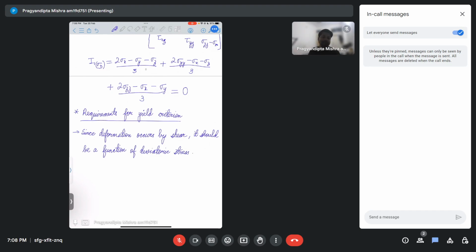Something that you can keep in mind. It should only be a function of deviatoric stress.